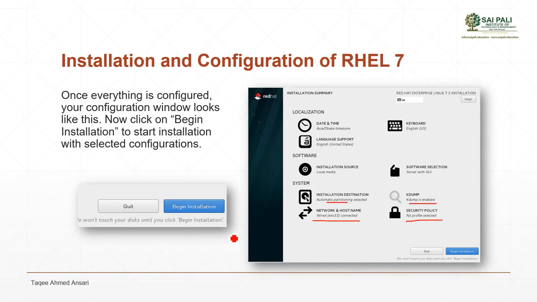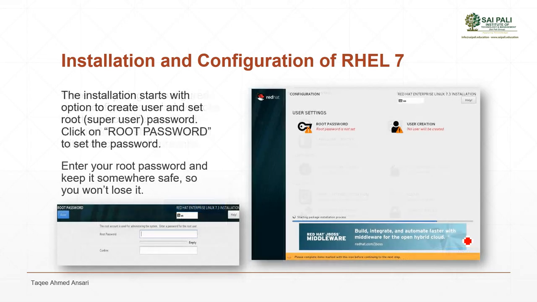Now after that, you can begin the installation. Now, beginning the installation, you see here there is no option for giving the password for root and creating the user. That option comes when you click begin the installation. When you start the installation, without wasting time, you can see the installation process has started.